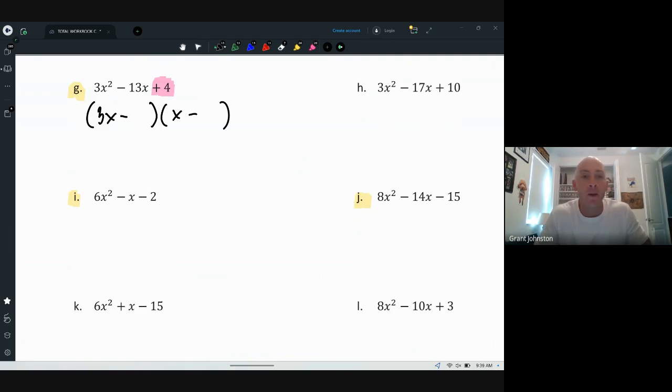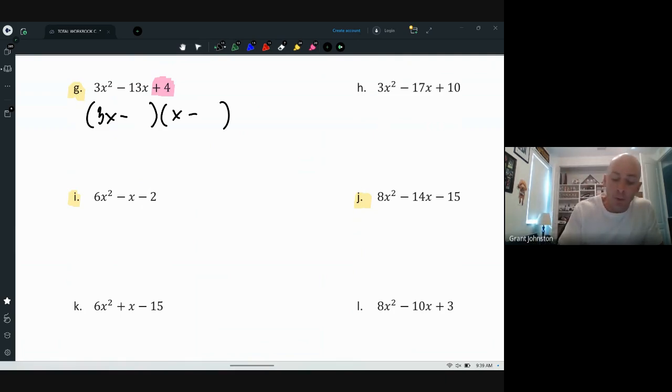Okay, so again, what multiplies to positive 4, but it's got to combine to a negative 13? So it could be negative 2 and negative 2. Could be negative 4 and negative 1, because those multiply to positive 4. It could be negative 1 and negative 4. But this is where you want to be a little smart with your guessing.